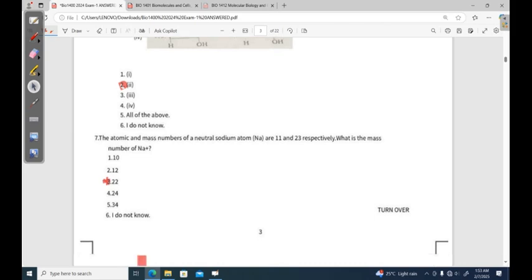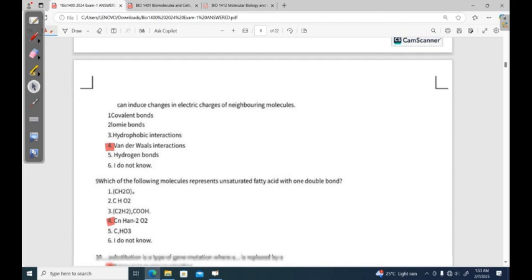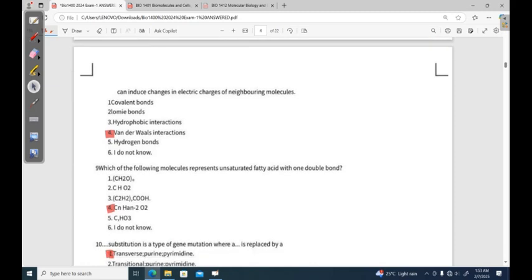Okay, we go to question 8. Dash can induce changes in the electrical charge of the neighboring molecules. So here the answer is van der Waals forces. Why? Because these are weak and non-specific charges that are caused due to interaction. So for instance, if this is your molecule, this molecule is slightly, let's say, positive.